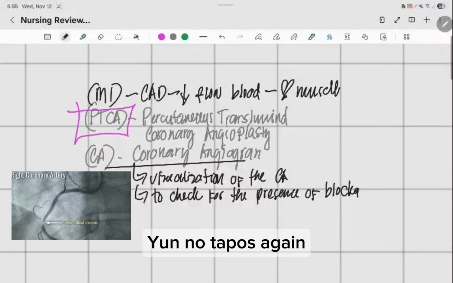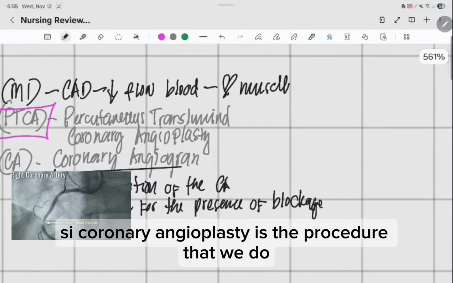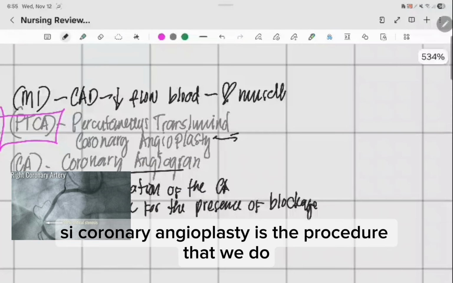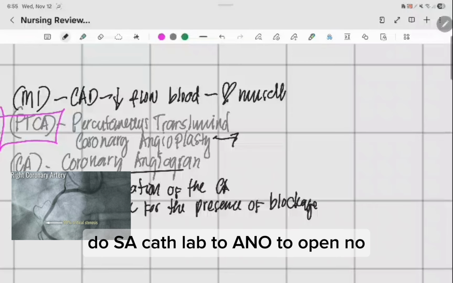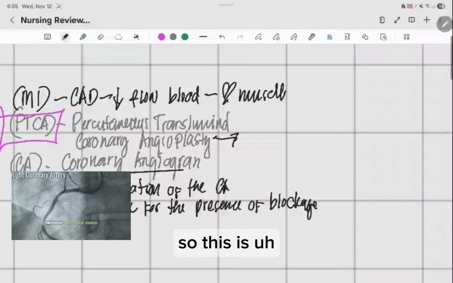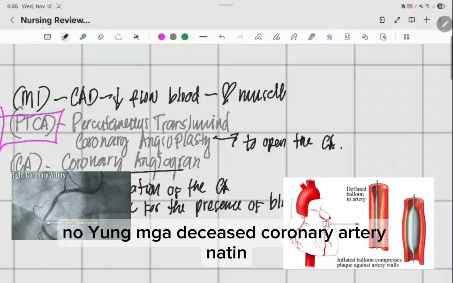So yun, no. Tapos again, si coronary angioplasty is the procedure that we do sa cath lab to open the coronary arteries, yung mga diseased coronary artery natin.